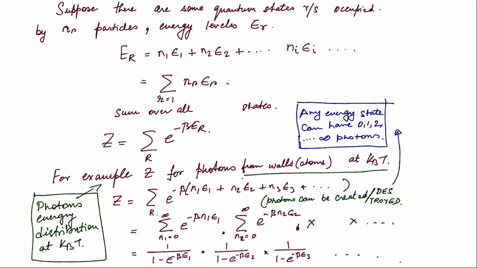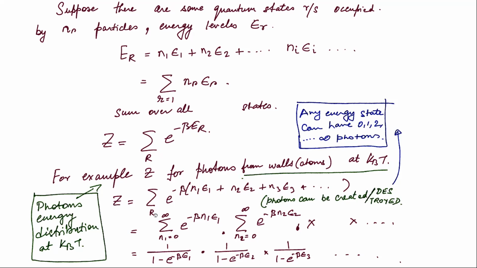Matter can release photons, so the total number of particles is not conserved in this case. So for photons, if we have to calculate the partition function, we have done this before also, but I'll just quickly repeat it.